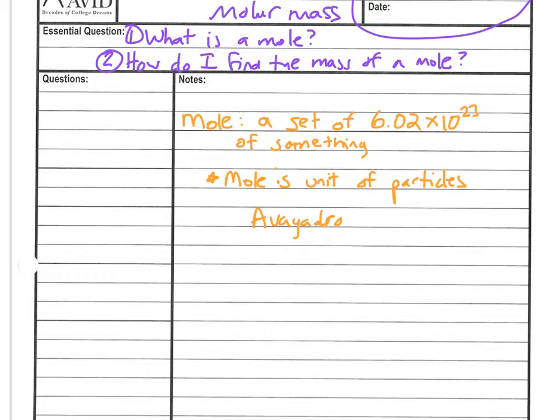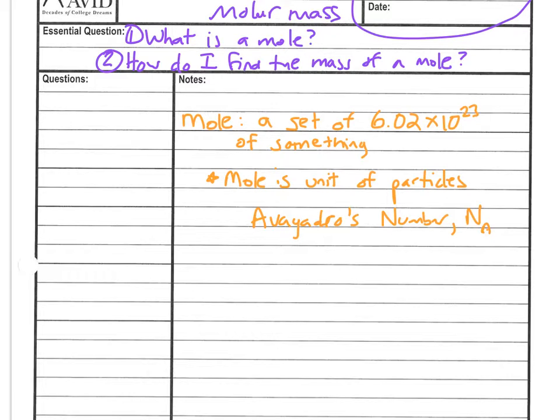If you'd like to look that up, that's a great idea. I can't really explain it to you very well, but Avogadro figured that number out, and it's called Avogadro's number. In fact, sometimes it's abbreviated N with a little subscript A for Avogadro. So that's how many particles are in a mole. If you have a mole of something, that's how many particles you have.